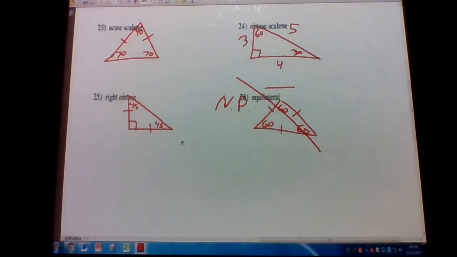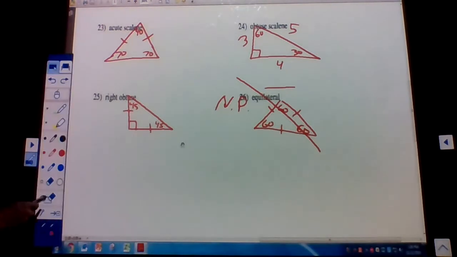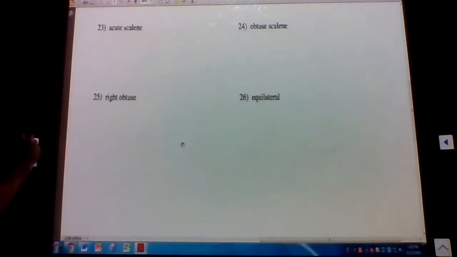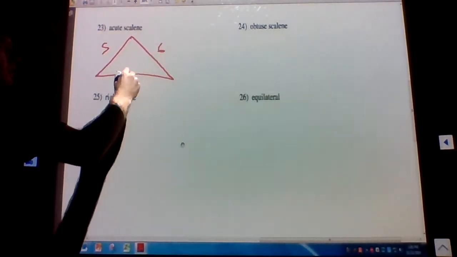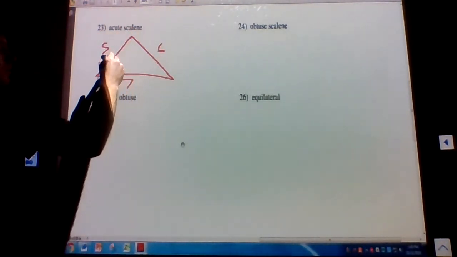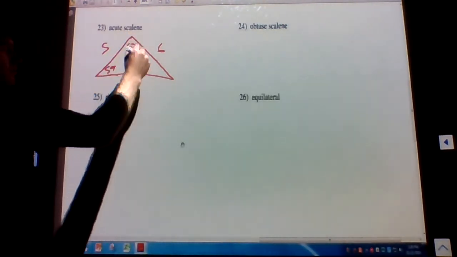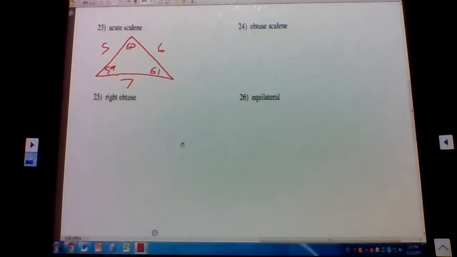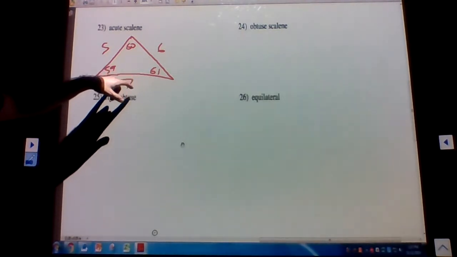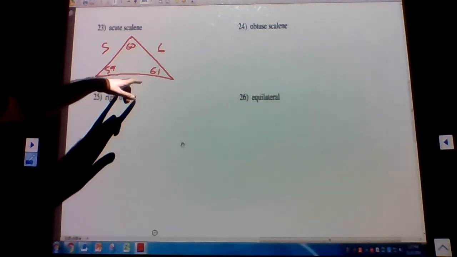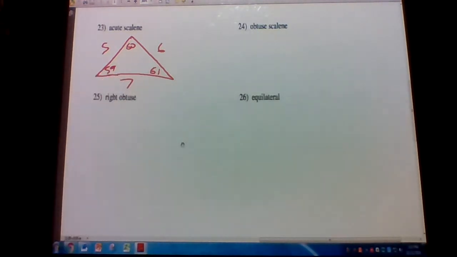Okay, and the last four here. Acute scalene. Scalene means all the sides are different lengths. So maybe 5, 6, and 7, and our angles, we don't know what these will be, they'll all just be different.